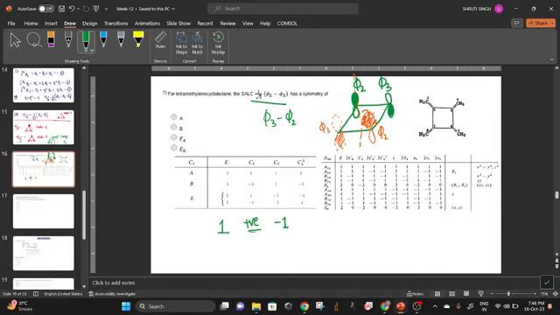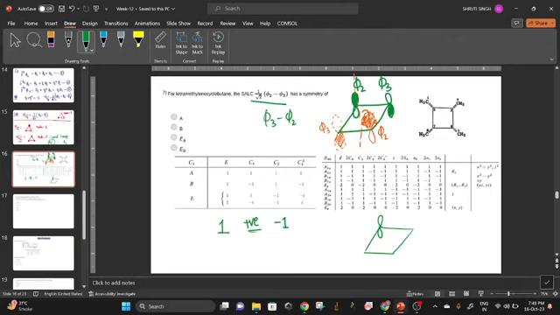So phi 2 will be here, phi 3 will be here, and there will be change of sign as well. C4 means negative rotation.